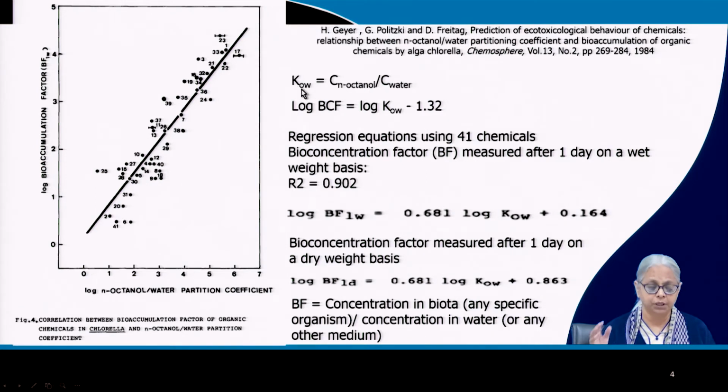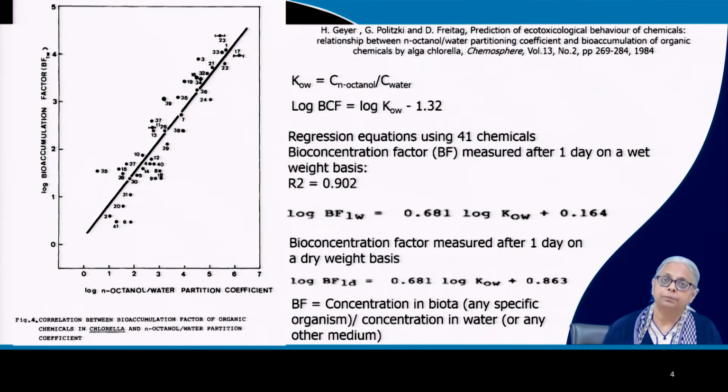KOW stands for the octanol-water partitioning coefficient. So you have C n-octanol divided by C water. Now, C stands for concentration in octanol versus concentration in water. If a compound is hydrophobic, it will prefer to be dissolved in octanol and not in water. If it's hydrophilic, the concentration in water will be higher than in octanol.